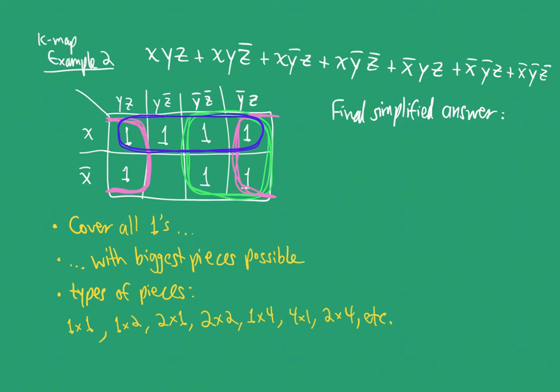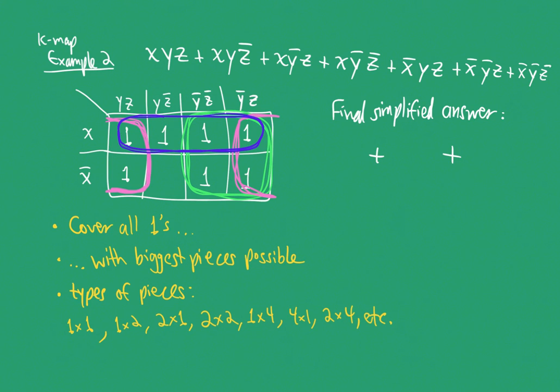So what's our final answer? Well, we have 3 circled things, which means we're going to have 3 terms. So I'll just put 2 plus signs to separate them. What's this green part going to be? Well, what is this 2 by 2 thing? Well, notice we have X or not X. So that means X doesn't need to appear in this green min term.